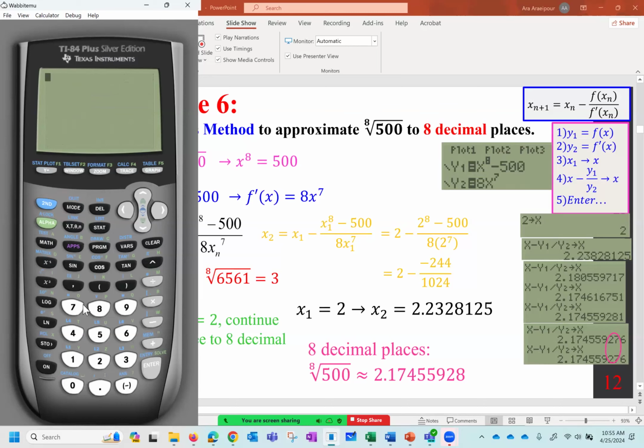We are going to start with number 2 and STO, store it in x, press enter.